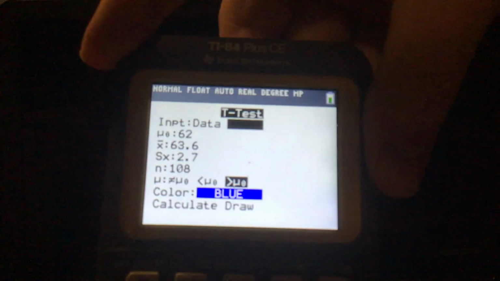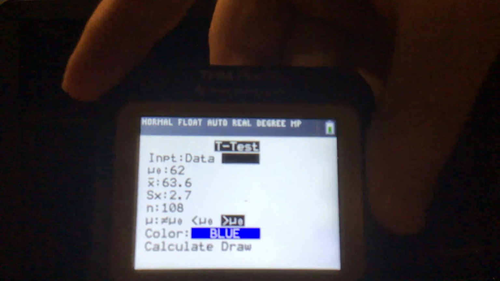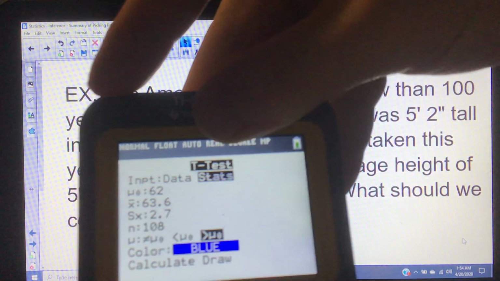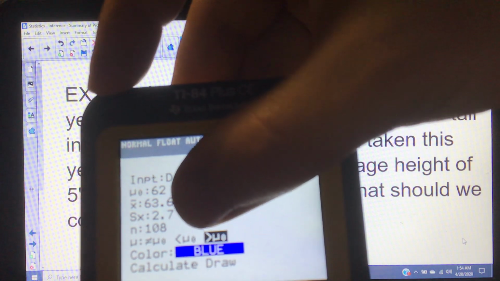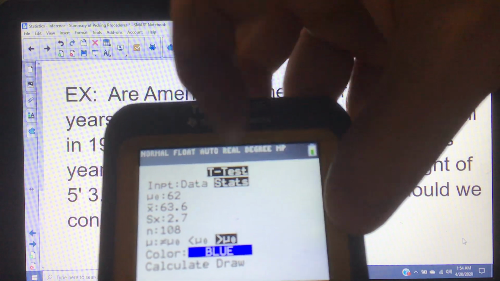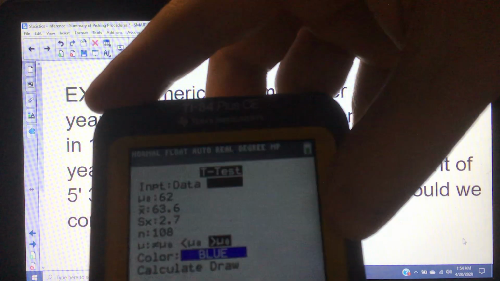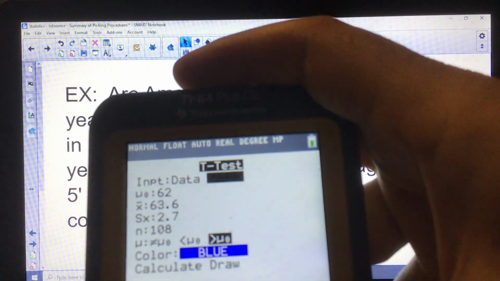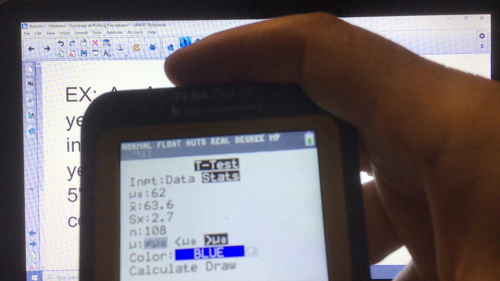Now, I want to see if women today are actually taller than they were before. So I want to see if my sample means that the actual value is greater than the null value. Are women taller than 62? Once I have all this in, you can do one of two things. You can calculate or you can draw.